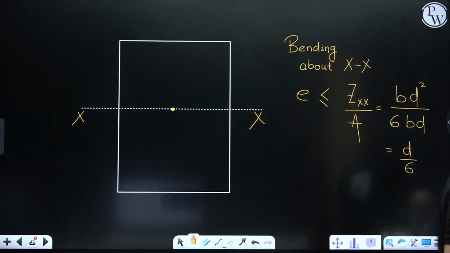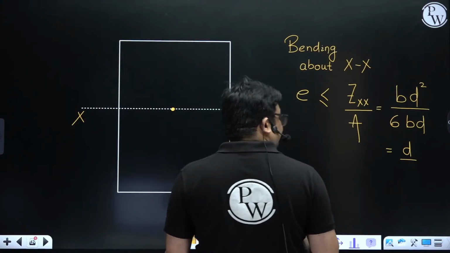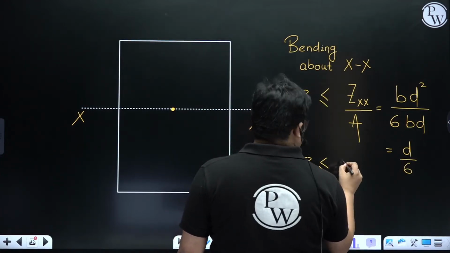Let me just cross check. Correct. So e should be less than D by 6.